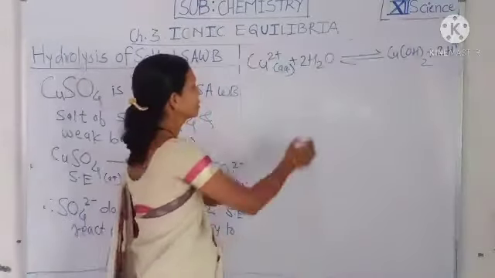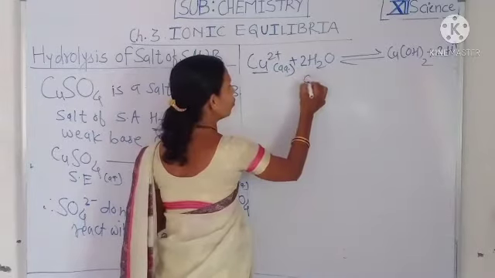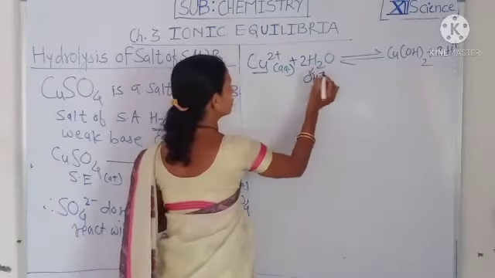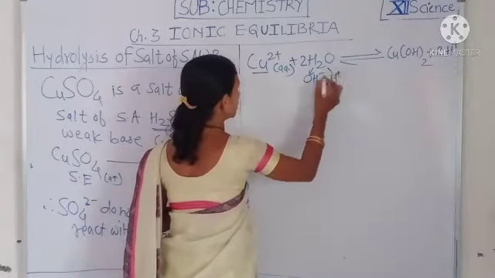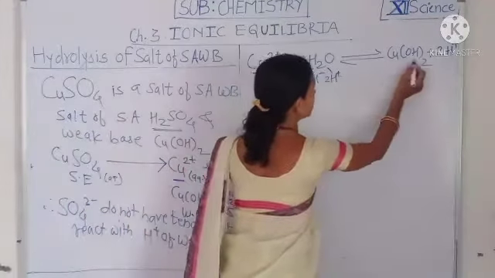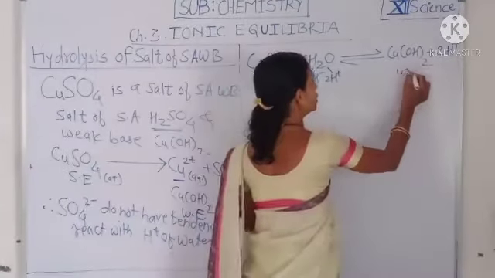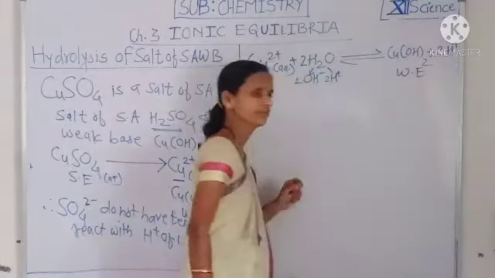That means here the Cu2 plus ion reacts with the OH minus ion of water, and therefore it gives Cu(OH)2, which is a weak electrolyte.